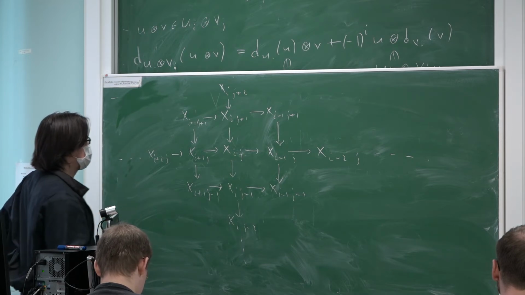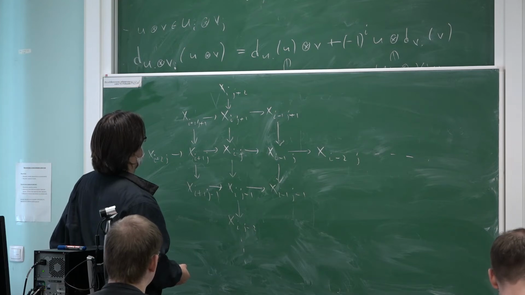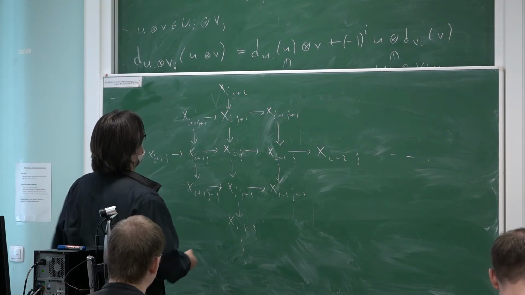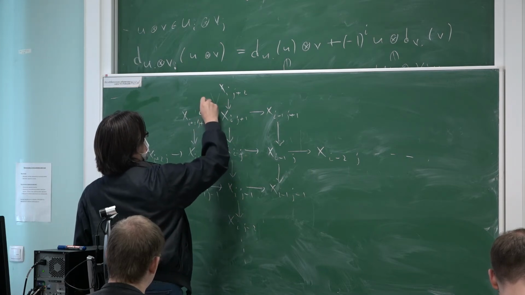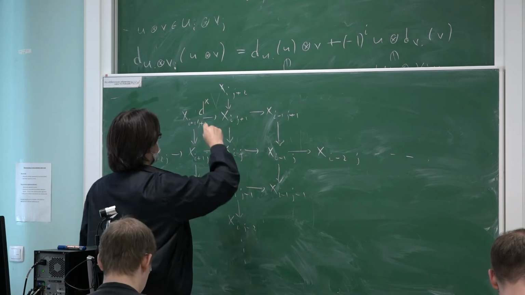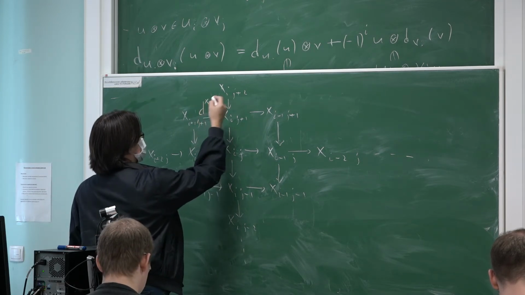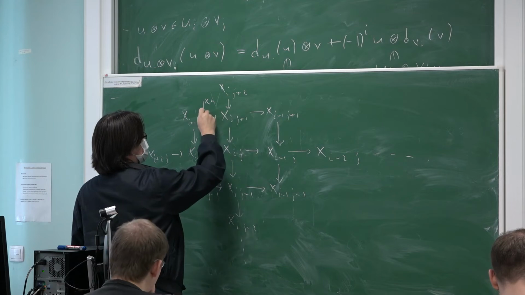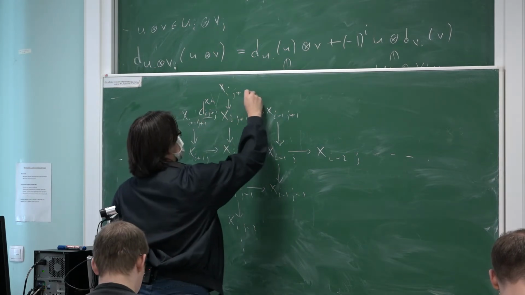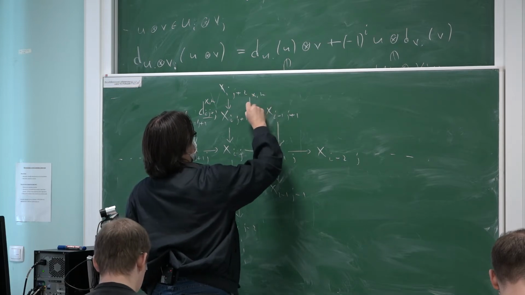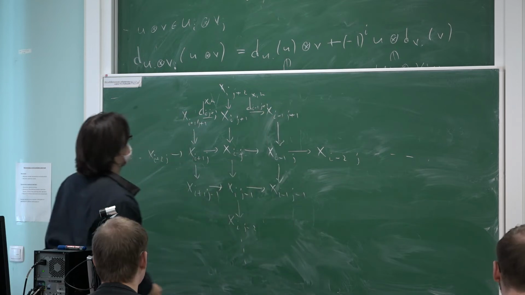Let's denote this horizontal one by d^h: d^h_{i,j+1}, d^h_{i-1,j+1}.